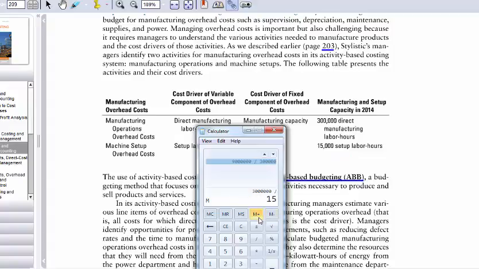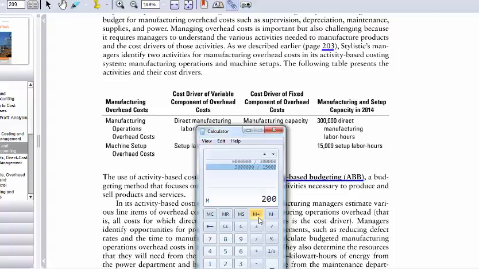Dividing that means $200 is going to get allocated every time a setup labor hour is utilized for the casual model and the deluxe model. So we're going to consider the labor hours and we're going to consider the setup hours.